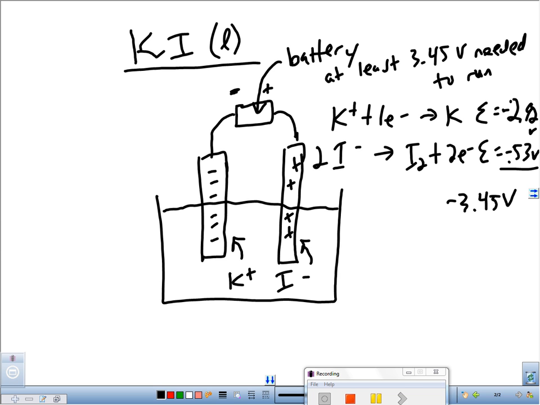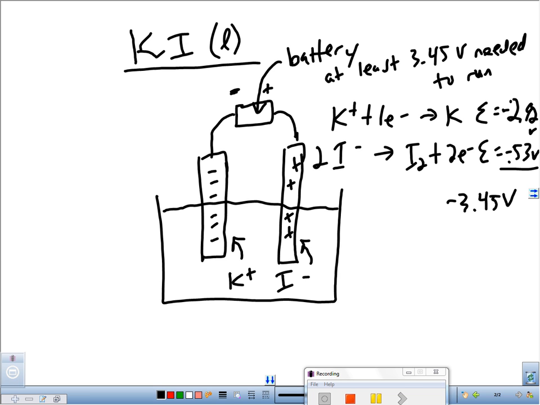It's only 1.5 volts. That's what AA batteries are. If I had one of these fancy little 9 volts, sure, it would work. I have plenty of voltage to make it happen. So, you would need that much to make it happen.